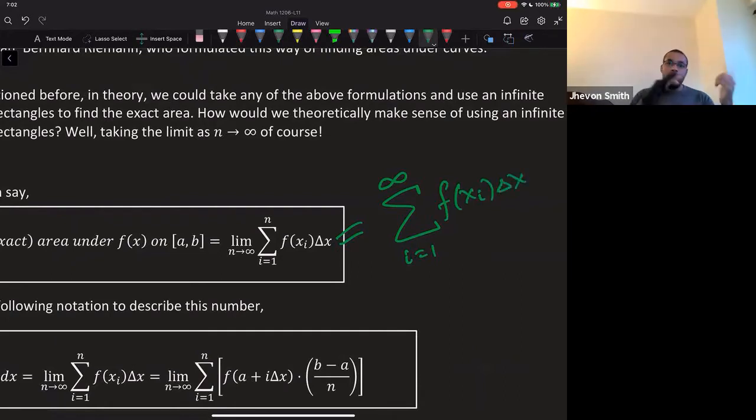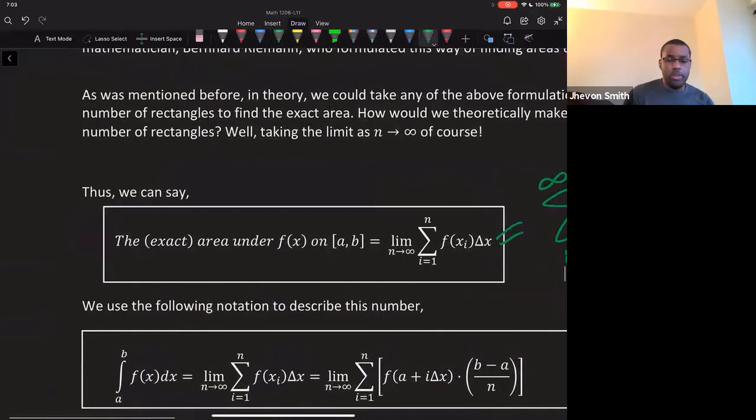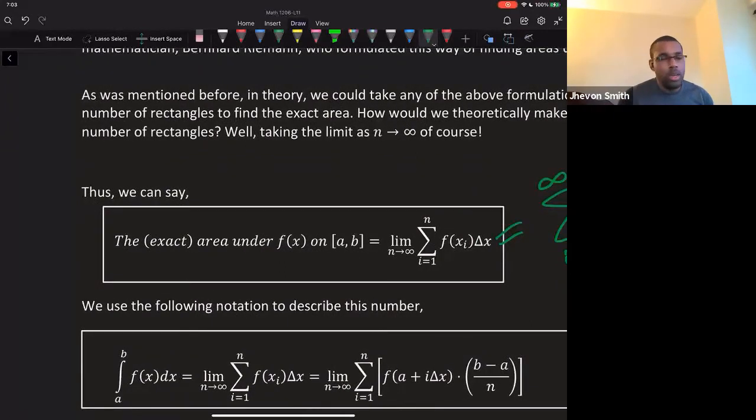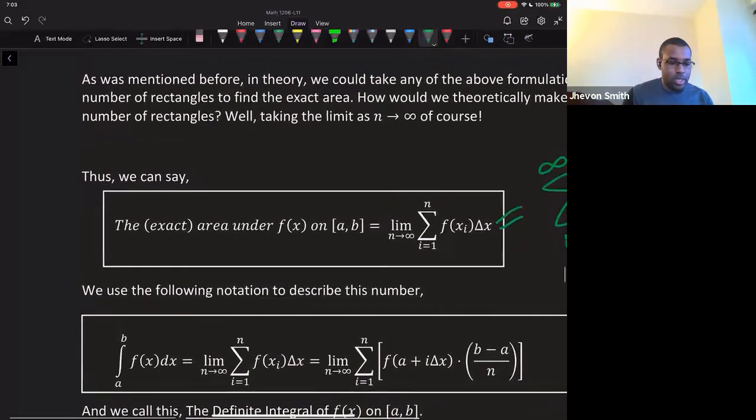But we saw yesterday that what this really means is that you're taking the limit as n goes to infinity, and the upper limit is n. So you can find the exact area by doing that. We saw how to compute this yesterday. And so we use the following notation to describe this number. Here is the new notation.